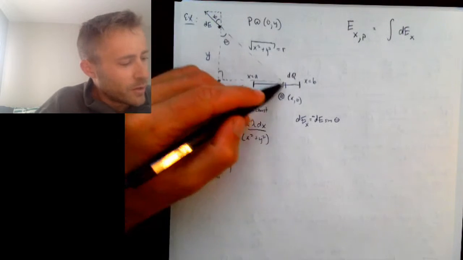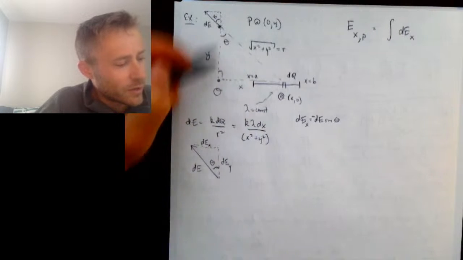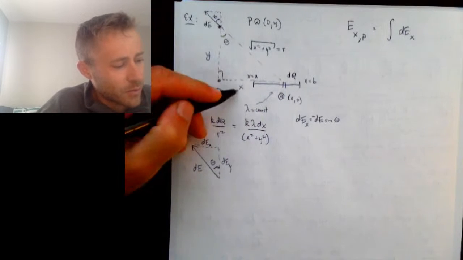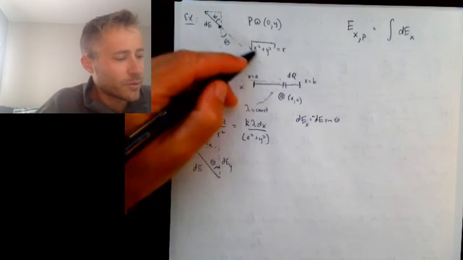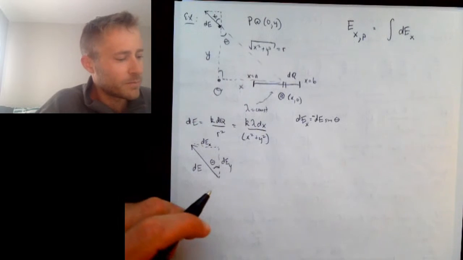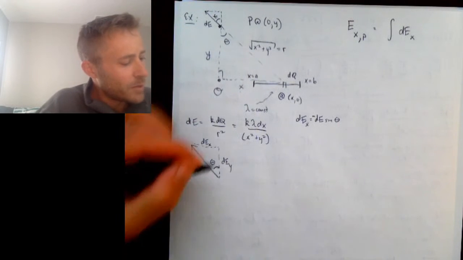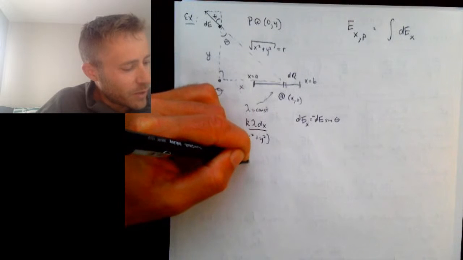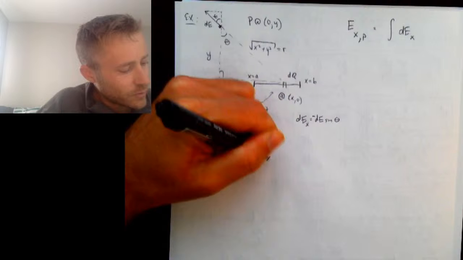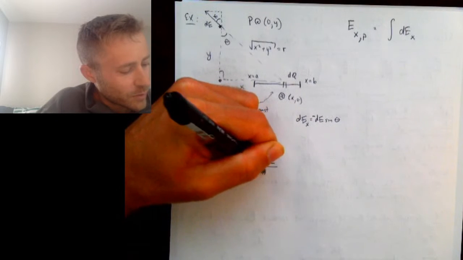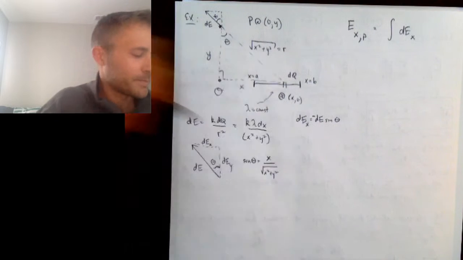So we're going to use this triangle to get the sine of theta, and I can see it has an opposite of x and a hypotenuse of square root of x squared plus y squared. So my sine of theta is x over square root of x squared plus y squared.